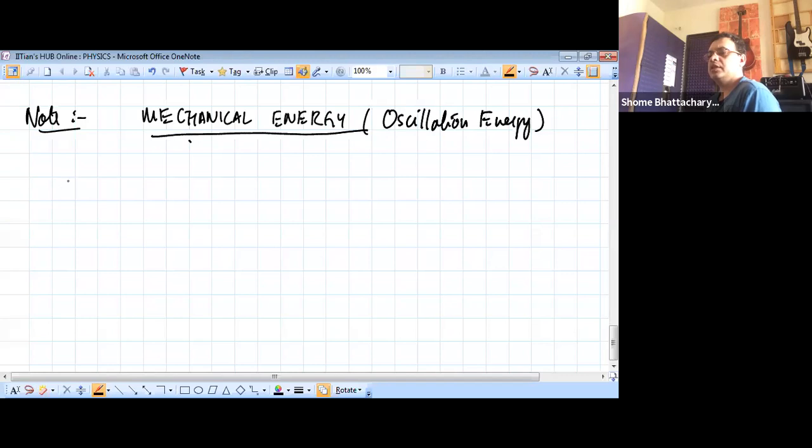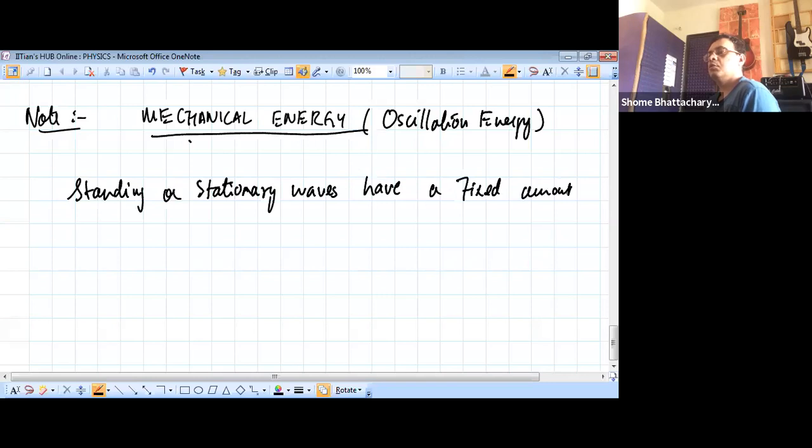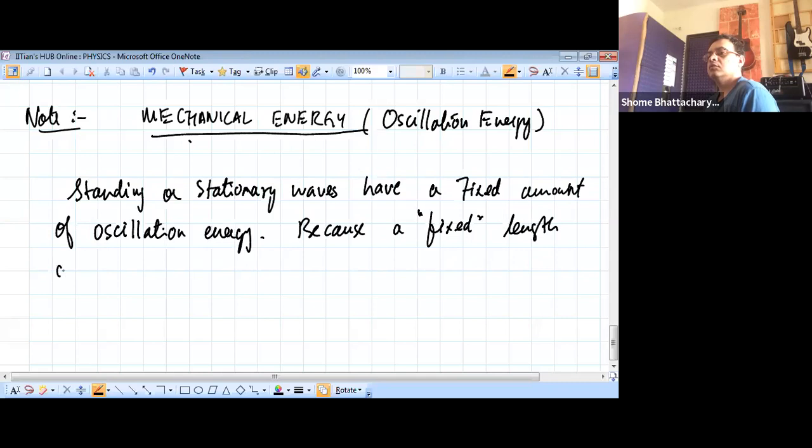First of all, the point we should understand is that a standing or stationary wave has a fixed amount of oscillation energy, because a fixed length of string is an oscillation with fixed energy.